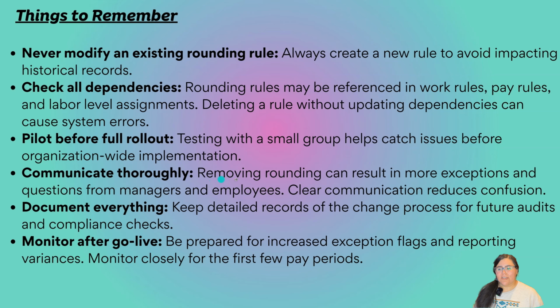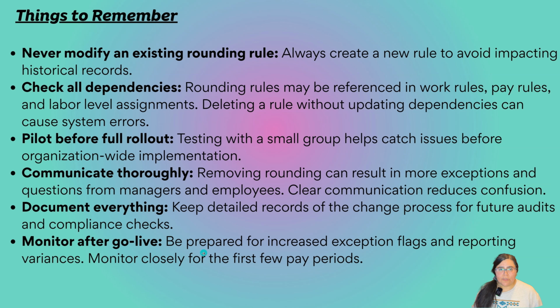Communicate thoroughly. Removing a rounding rule can result in more exceptions and questions from managers and employees, so clear communication reduces a lot of confusion there. Document everything. Take screenshots of everything before and after. Keep detailed records of your version control separately. Highly recommend using that worksheet UKG recommends.